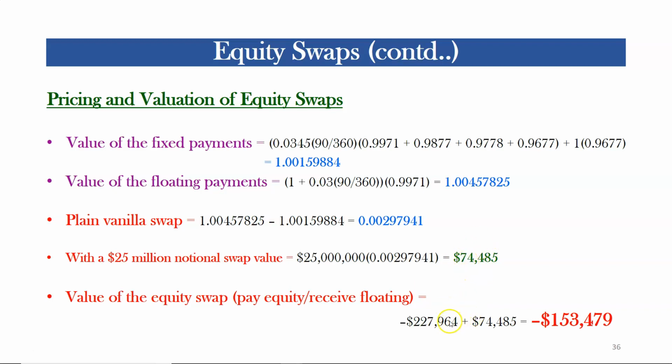Adding these two values will give us the value of the equity swap to pay equity return and receive floating return, which is equal to negative $153,479. So we have numerically demonstrated that an equity swap to pay equity return and receive floating return is equal to a plain vanilla swap to pay fixed and receive floating plus another equity swap to pay equity and receive fixed.